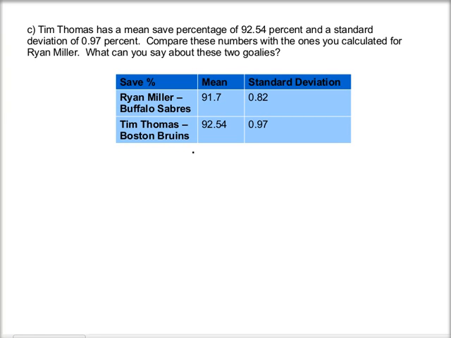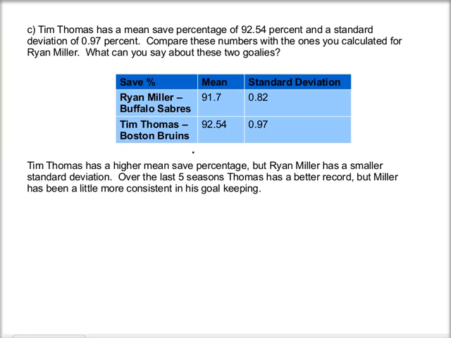So you can see that Tim Thomas has a slightly higher mean, but he also has a higher standard deviation. So what can we say from those things? That means that over the last 5 seasons, Thomas has a little bit better record, but Miller has been a little more consistent since his standard deviation is smaller.